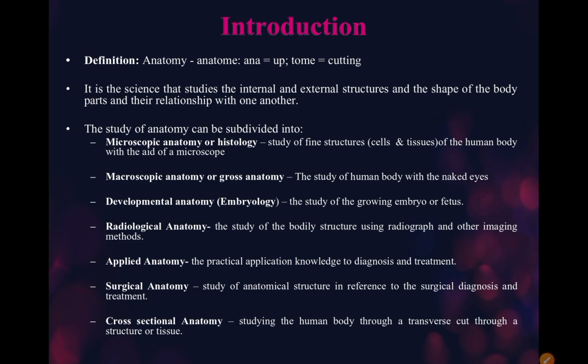Then we have gross anatomy, which we are going to focus on. Gross anatomy is the study of the human body with the naked eyes. Those parts of the body you can see without the aid of a microscope, we call gross anatomy.